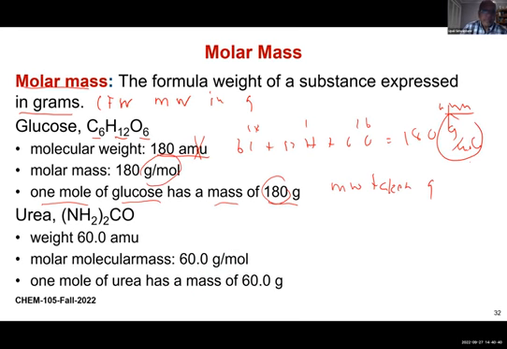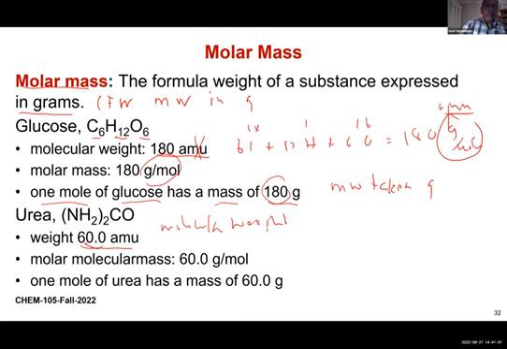Urea, similar story. The molar mass is the formula weight, the molecular weight. The weight is 60.